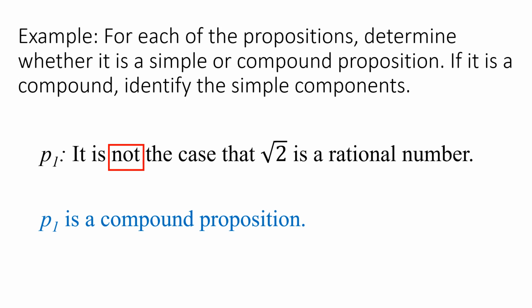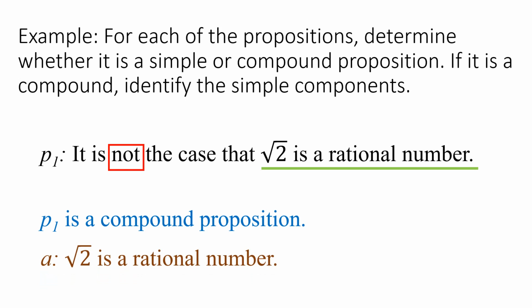Since it is a compound proposition, we can now identify the component proposition. So it is not the case that the square root of 2 is a rational number. The main subject of the statement is square root of 2 is a rational number. Therefore, since the main subject of this statement is the square root of 2 is a rational number, this is our component proposition.